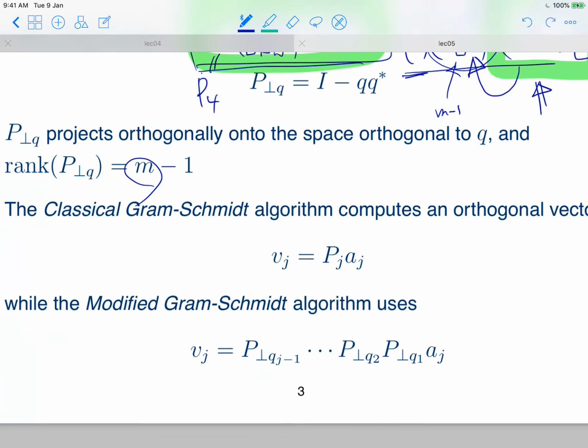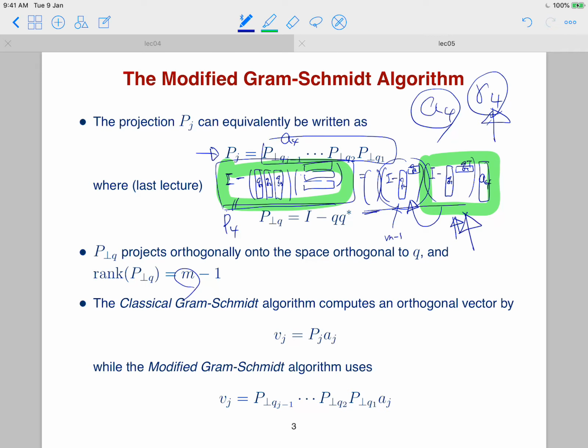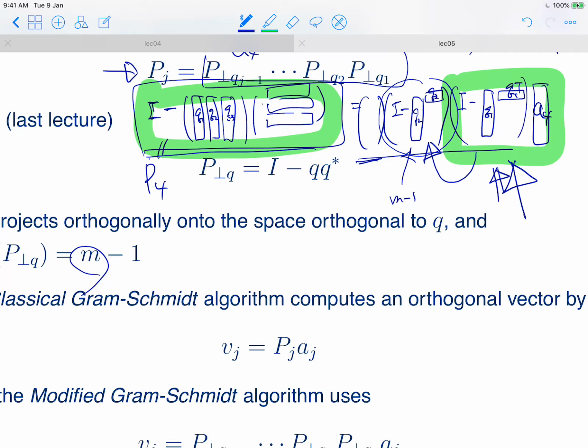Okay, so utilizing this serial kind of multiplication using this complementary projector is called modified Gram-Schmidt. So the original Gram-Schmidt can be represented as this guy. So this is P4, and P4 times original vector A, right?